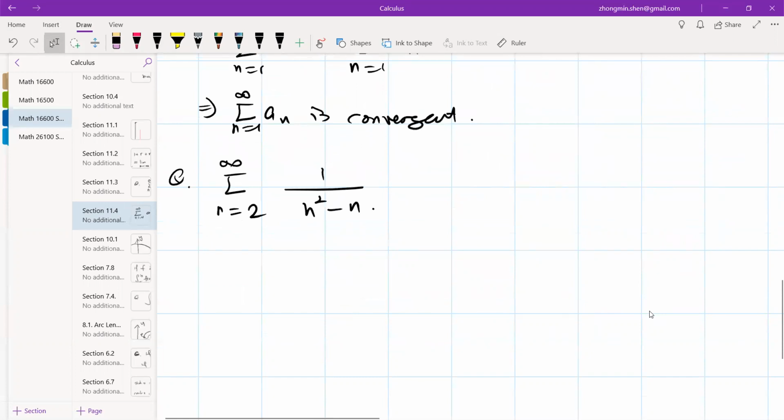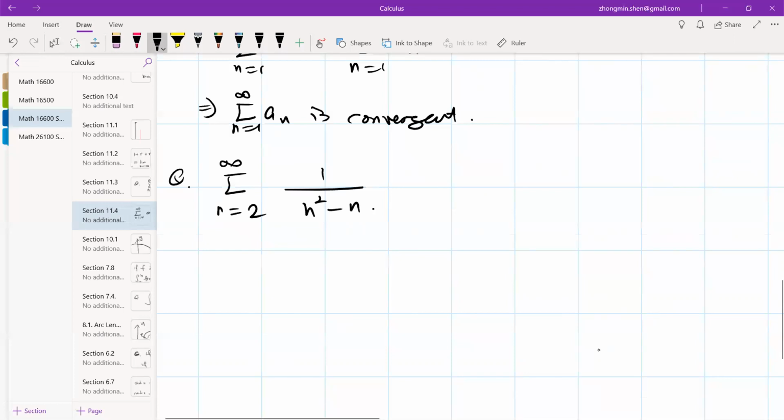It's very difficult to use a comparison test to prove it's convergent. But you still have knowledge to prove it. You can use the integral test, because for n squared minus n, you can evaluate the integral.